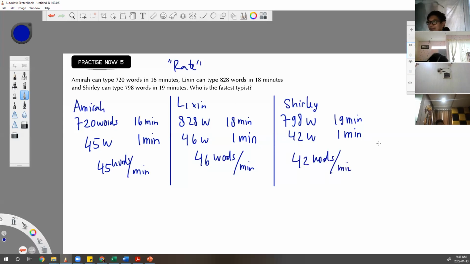Who's the fastest then? Amira, Lisin, or Shirley? See, we can see easily, right? The winner is Lisin, most words can be typed in the same 1 minute, right? It has to be divided. Good answer, Phoebe. Divide by 16, divide by 18, divide by 19.